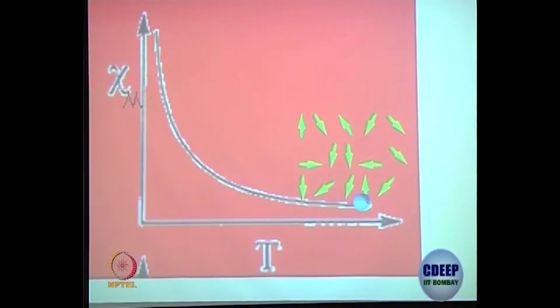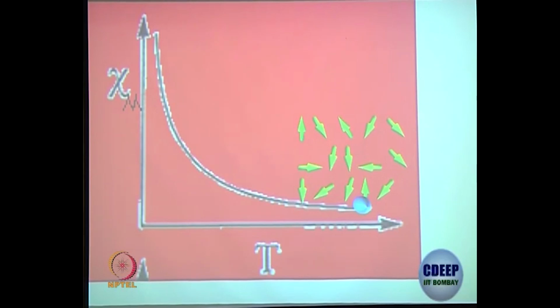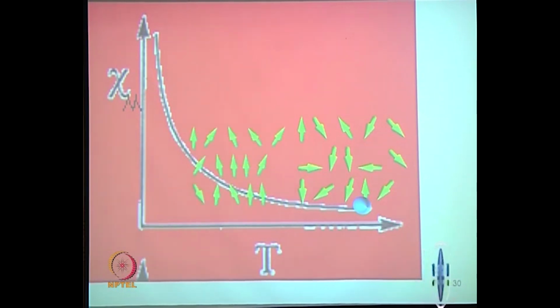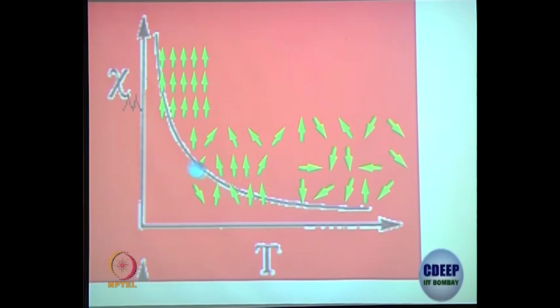Now you cool down the sample. What will happen? These randomly oriented spins will get some particular orientation. It will try to freeze. You will be able to freeze these spins more and more if you decrease the temperature.